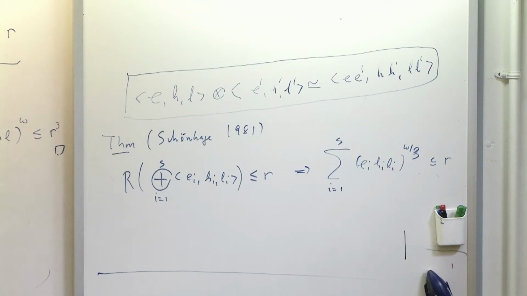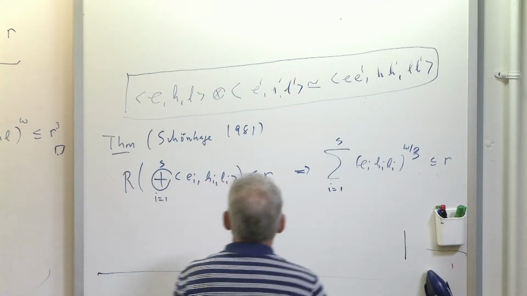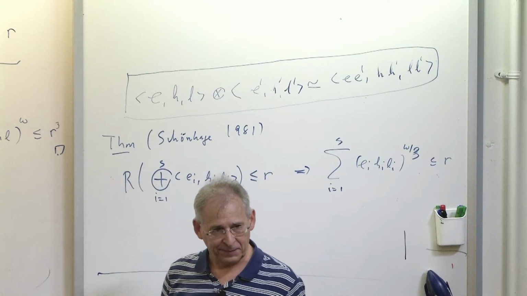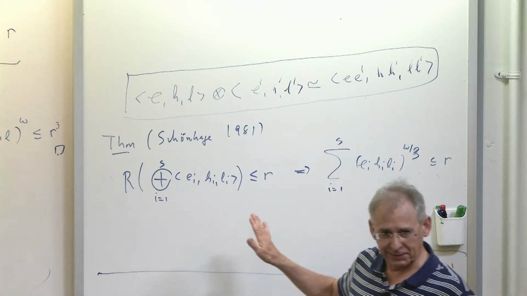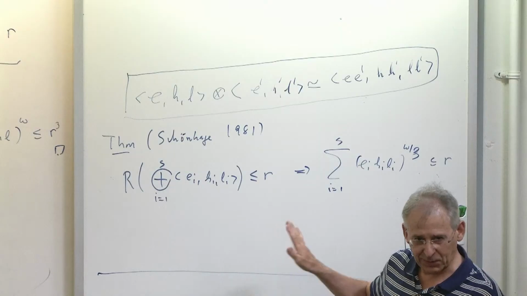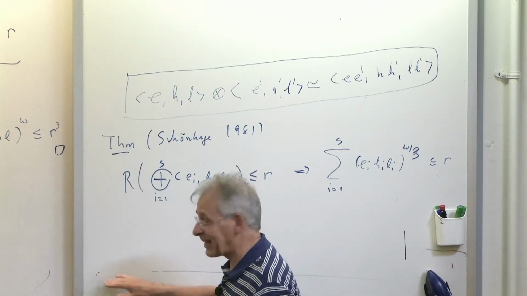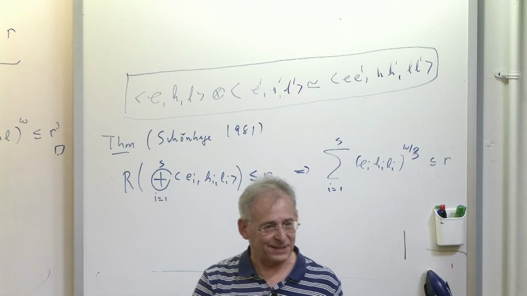Now, if you look at it, think a little bit, then you realize if the rank were additive, then this would be trivial. Okay? But the point is, the rank is not additive. That is not easy to prove.